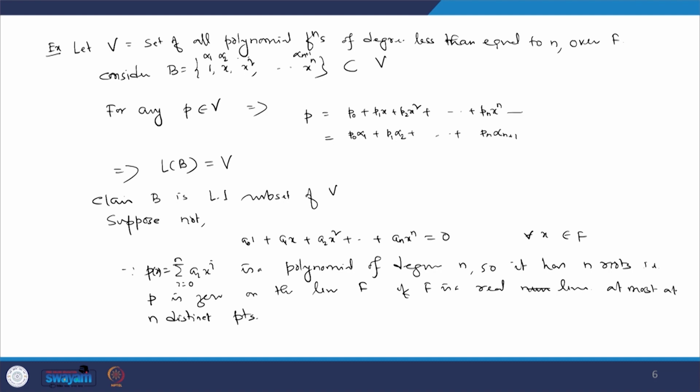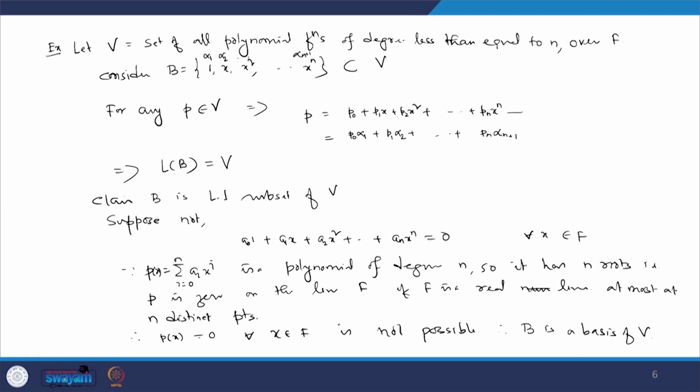So, P of x equal to 0 for all x belonging to F is not possible. So, B is a basis of V.